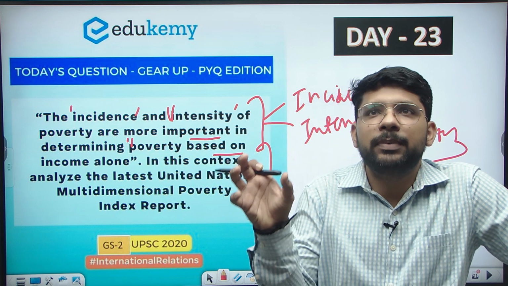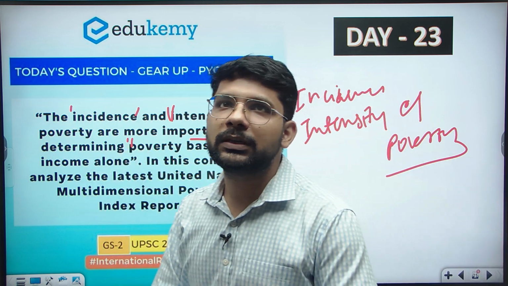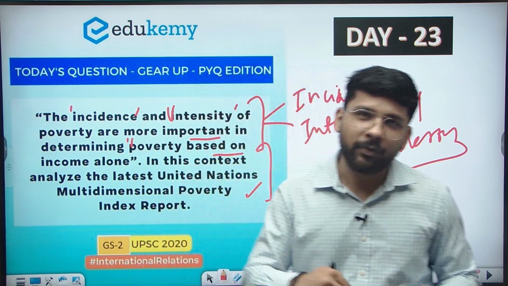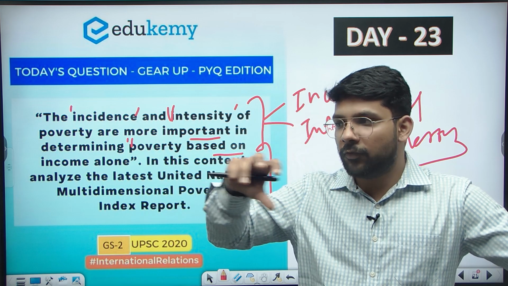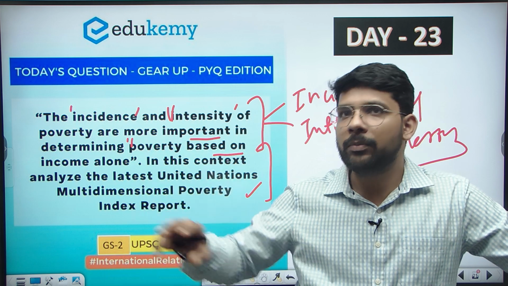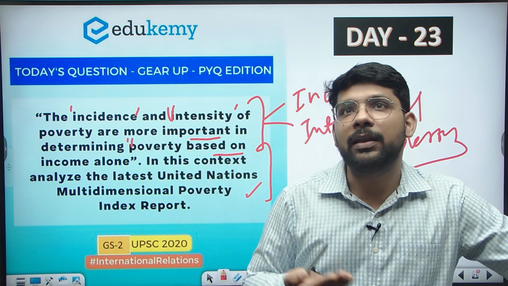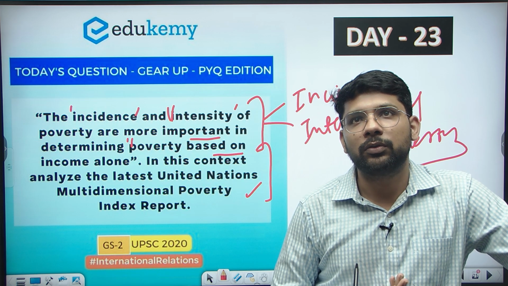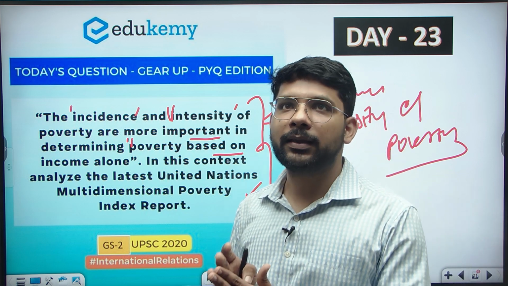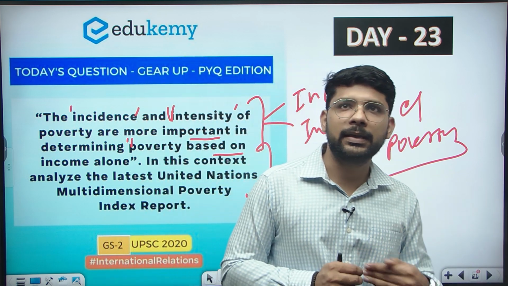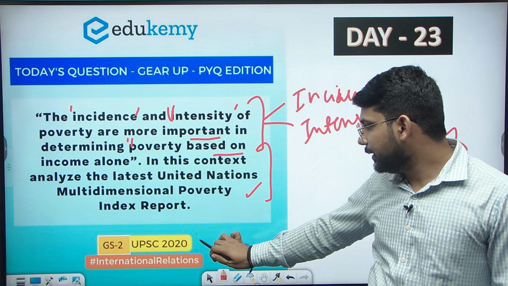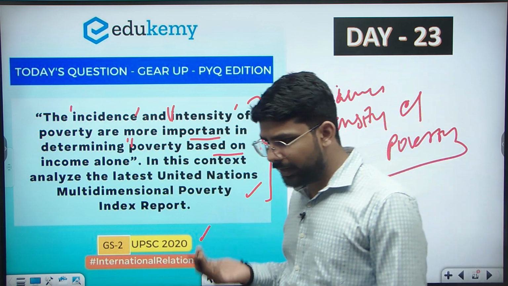Here the incidence means the proportion of the population that comes under poverty, and the intensity means on which factors, in areas like malnutrition, child stunted growth and anemia, and at what level they are under poverty. So there is a difference between incidence and intensity, and it should be clear before writing the answer. This question was asked in UPSC 2020, and this year is also expected.